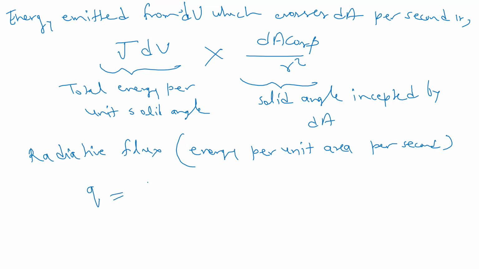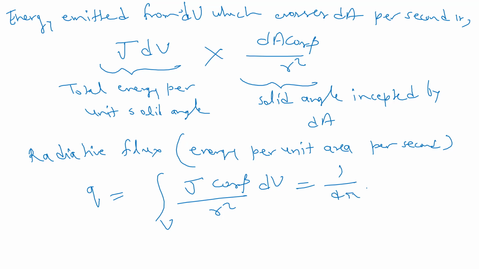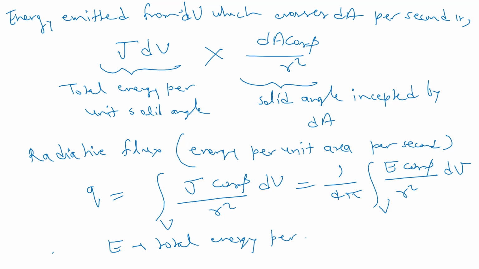So Q will be equal to the integration of J cos beta upon R square dV for control volume V, and it can be written equal to 1 upon 4 pi integration of E cos theta upon R square dV, where E is nothing but the total energy per unit volume per second.